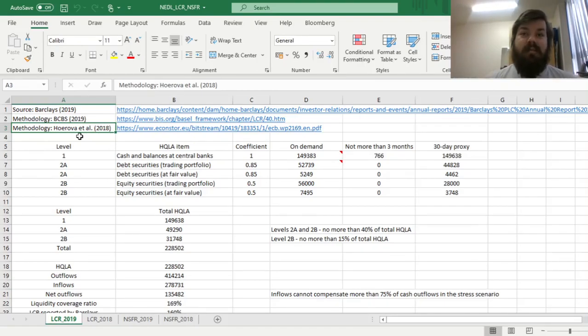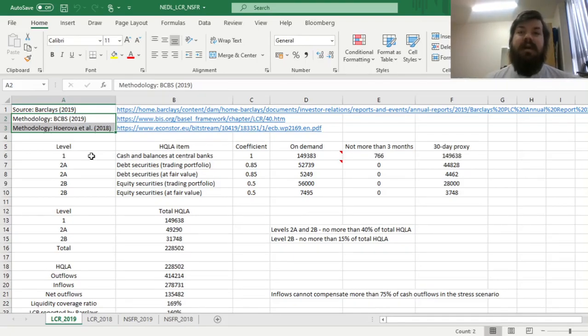Obviously, that's the main problem with many of such ratios, that precisely calculating them involves knowing disaggregated data that can only be available to bank insiders, risk analysts, and risk managers, and is not reported to the general public. However, as we might see, we can use these two papers, the insights from those methodologies, to arrive at a good proxy. So without further ado, what is the logic of the liquidity coverage ratio?